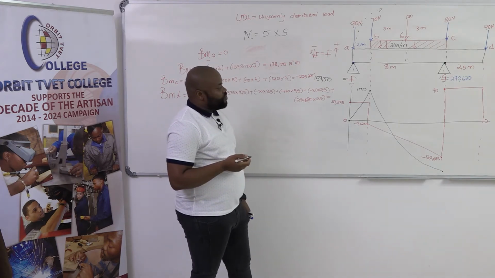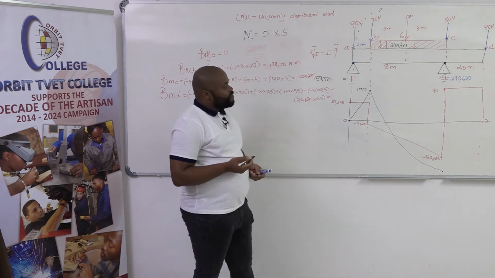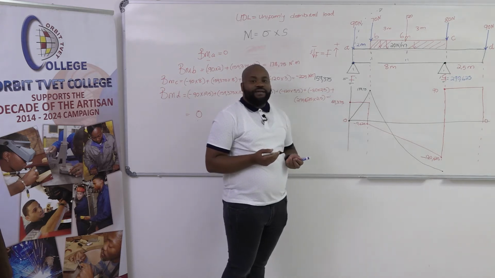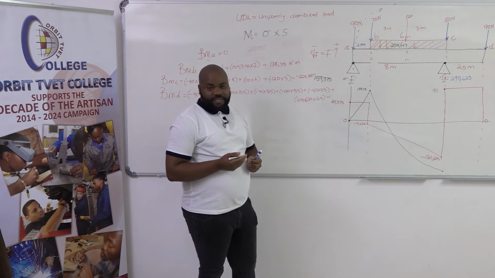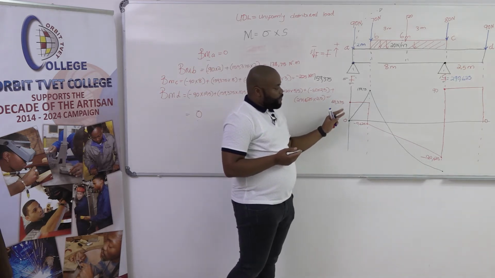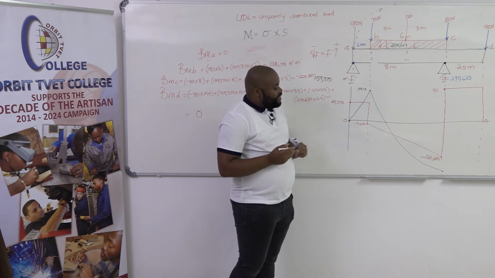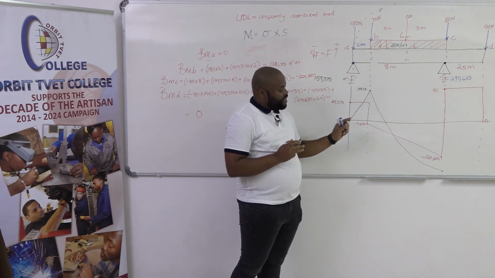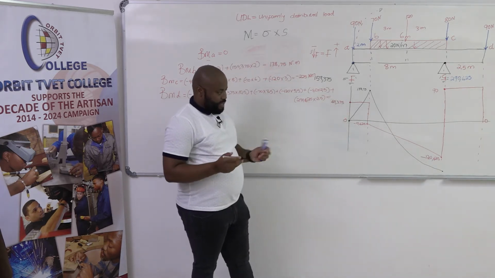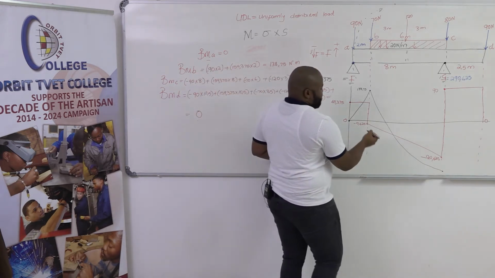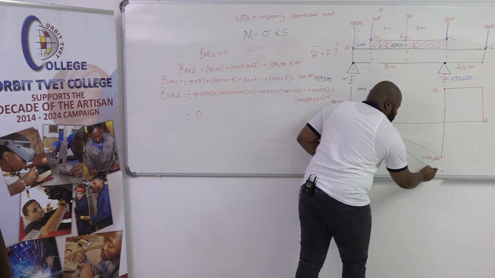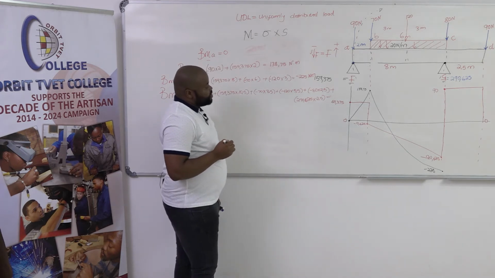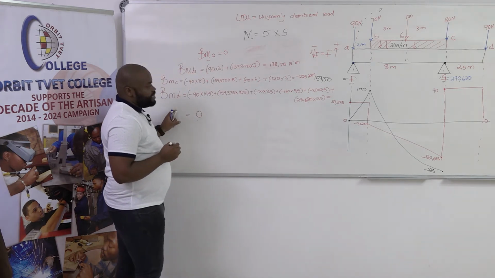So a question will come to you whether we're going to give you a scale, maybe to say to you that for every meter you must use 1 centimeter on your ruler to draw the graphs, meaning that your graphs are going to be more accurate than mine, and then the shape that you have of your shear force diagram and the shape that we're going to have of our bending moment graph will be the same. So we have now drawn the point at C, of which is minus 225 Newton meters.